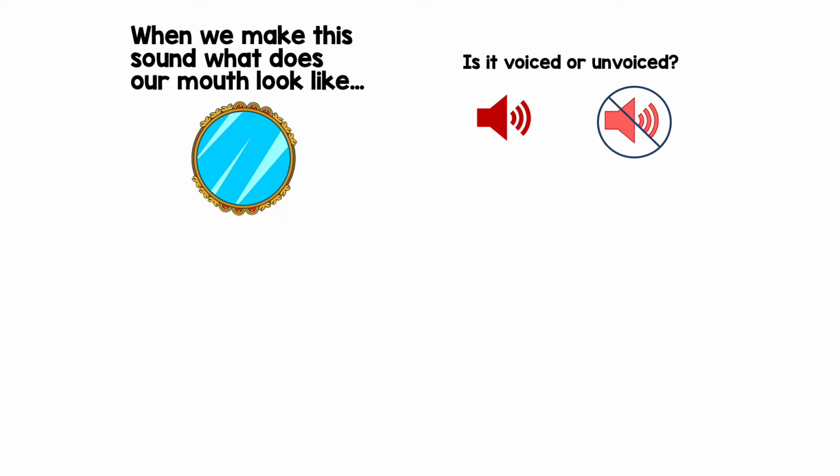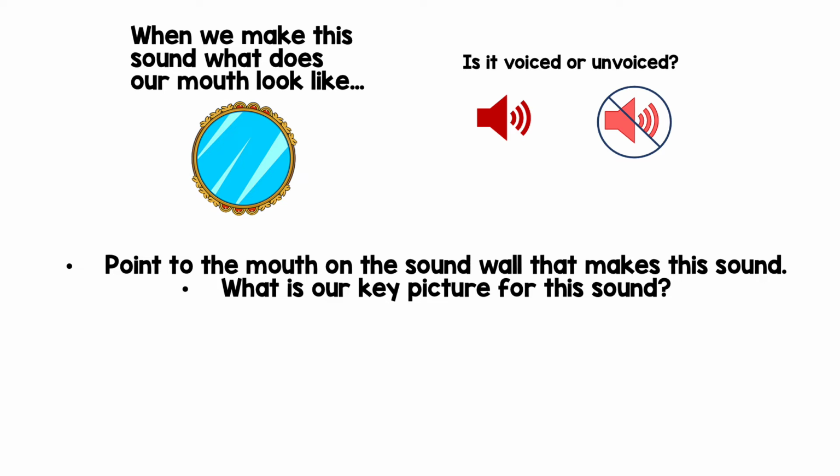If you place your hand on your neck, see if you can feel a vibration. /t/, /t/. I don't feel a vibration when I make that sound because it is an unvoiced consonant. So I'm going to circle right here that it's unvoiced.